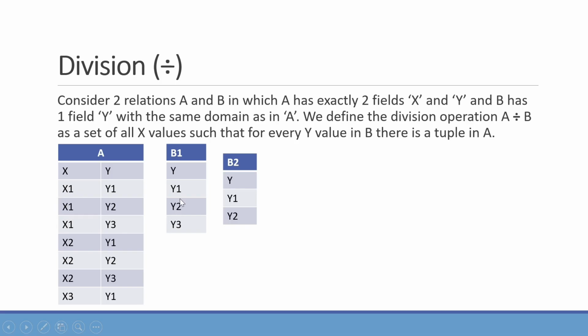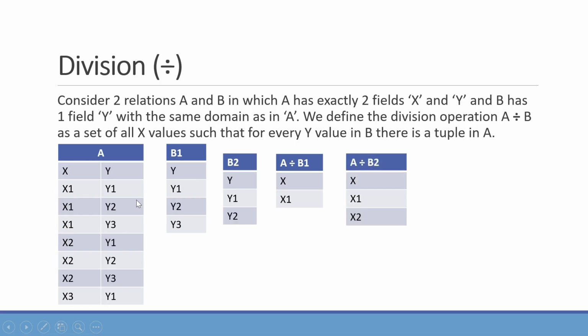So we are taking two B tables, B1 and B2, with one attribute y. If we divide A by B1, we get the set of all x values. Here we have y1, y2, y3, and also in table A y1, y2, y3. So the common value for these is displayed in A divided by B1, that is x1.